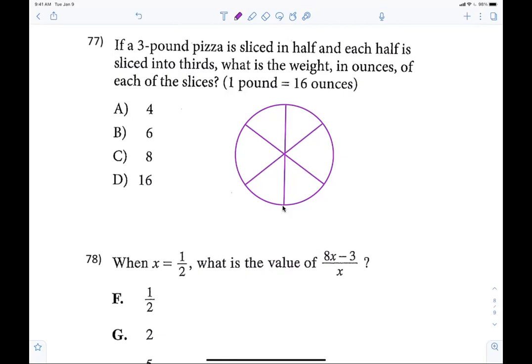But still, that doesn't tell me everything. So how many ounces were there altogether? Yep, there are 48 ounces. There you go. Yes, sir.